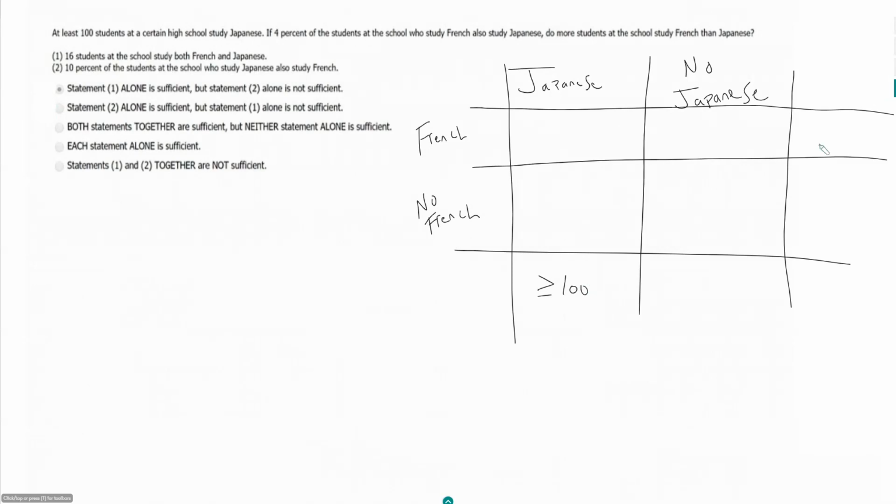So that's 4% of my French students. If I say my total students who study French is F, then the ones who also study Japanese, the students who study French and Japanese, is 0.04F, which means 96% of my students who study French don't study Japanese.